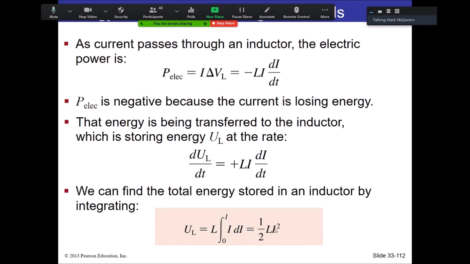So if you have a steady current in the inductor, it's not active, but it does have stored energy in it. The energy that's stored is given by 1/2 L I squared, which is given by the integral down here. So when nothing's changing, you can specify this as the amount of stored energy. This is how much you can get out. If you obviously increase this, you get more, and so on.